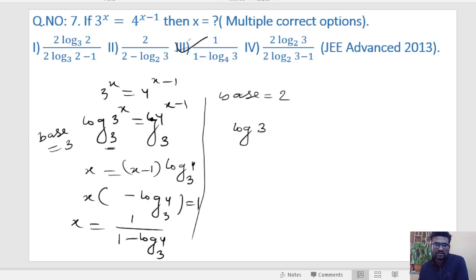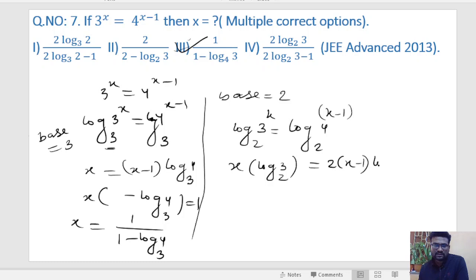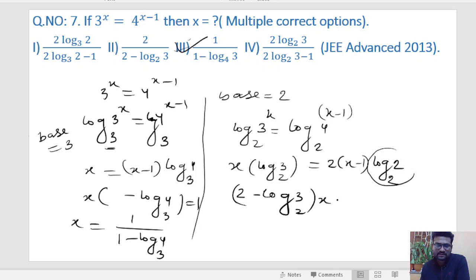Log of 3 base 2 equals log 4 base 2 times x minus 1, so x log 3 base 2 equals 2 times x minus 1, and log 2 base 2 is 1. So we take 2 minus log 3 base 2, and x equals 2 by 2 minus log 3 base 2.